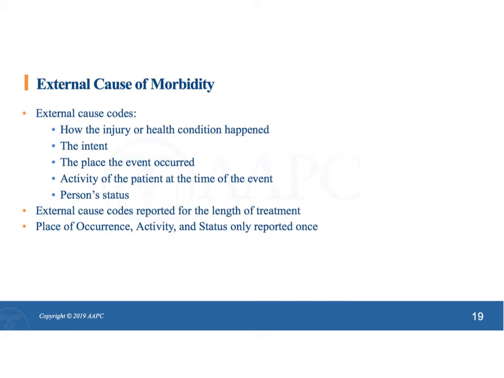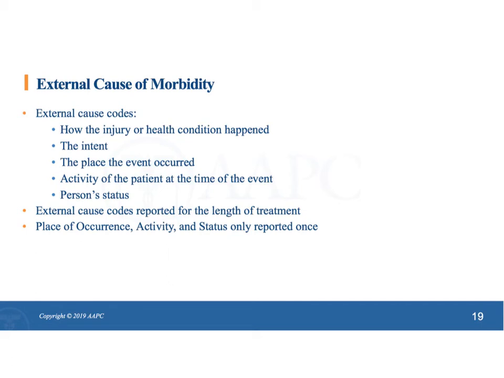External cause codes are used with codes A through T and then the Z codes. They are applicable to injuries and are used for the length of the treatment. Assign the external cause code with the appropriate 7th character digit for each encounter. The selection is guided by the alphabetic index of the external causes and by the inclusion and exclusion notes in the tabular.